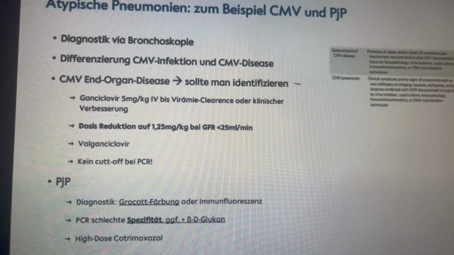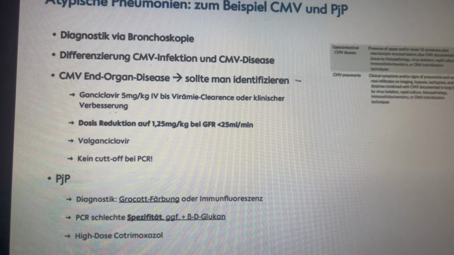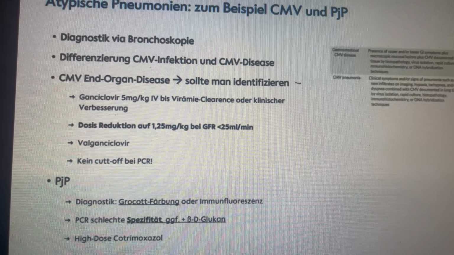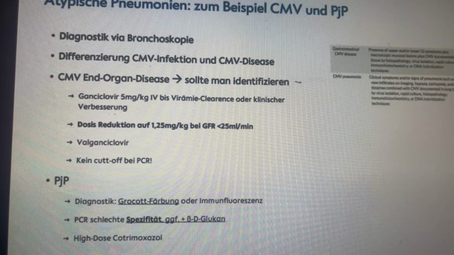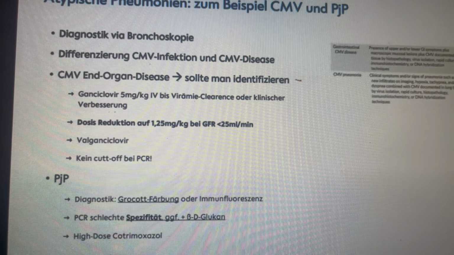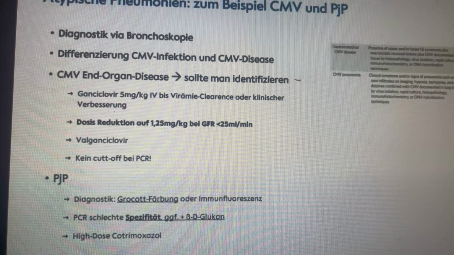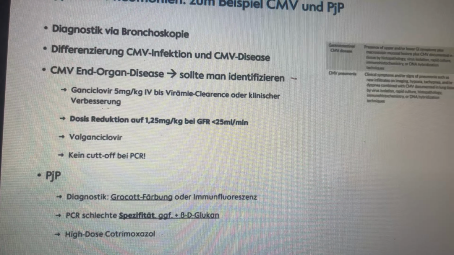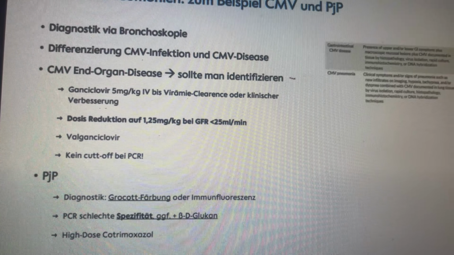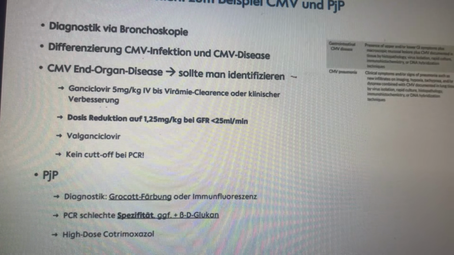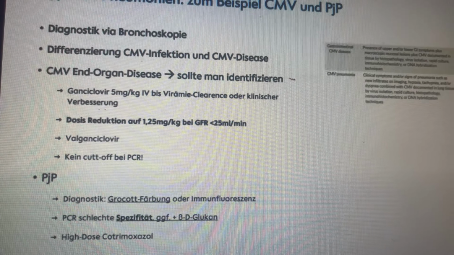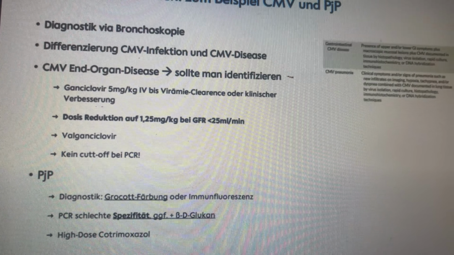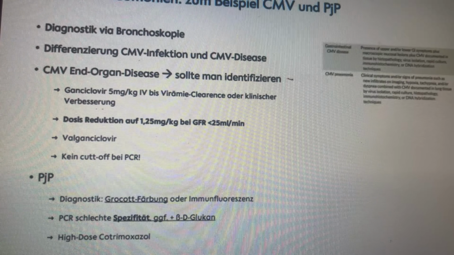And in that case, we have to differentiate and indicate and begin the therapy, like for CMV with ganciclovir, like 5 milligram per kilogram of the weight of the patient, and it is also based on the eGFR. And on the other hand, in case of Pneumocystis jirovecii pneumonitis, we have to do the diagnosis after bronchoscopy.